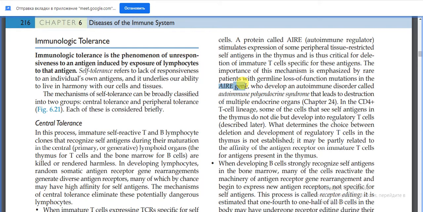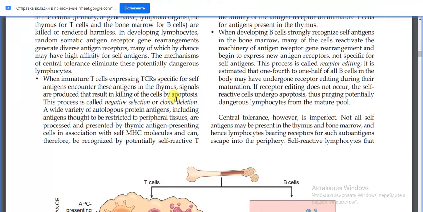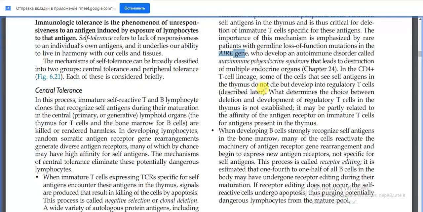In case of mutation in the AIRE gene, negative selection is dampened. And this autoimmune polyendocrine syndrome causes endocrinopathies in a lot of organs. Let's discuss it in chapter number 24. It's much later that we'll discuss it.